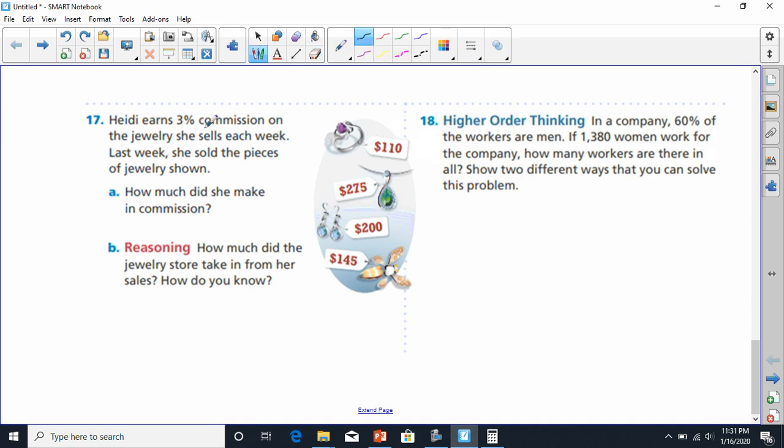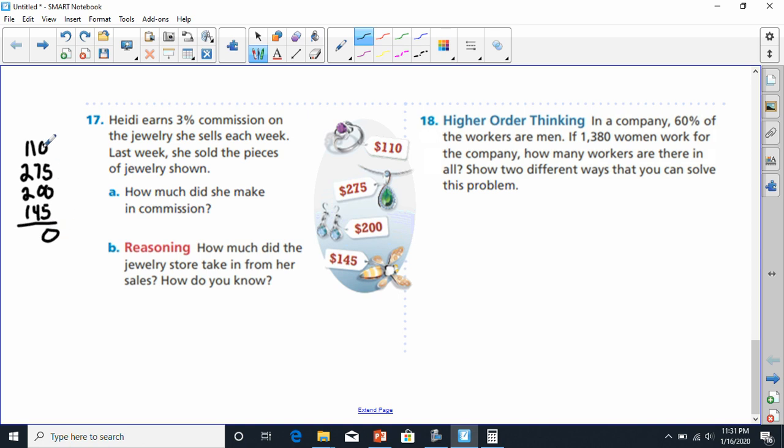All right, let's try this now. First of all, let's add up all of the things that she bought. We got 110. We got 275. We got 200. And we got 145. Well, 5 and 5 is 0.